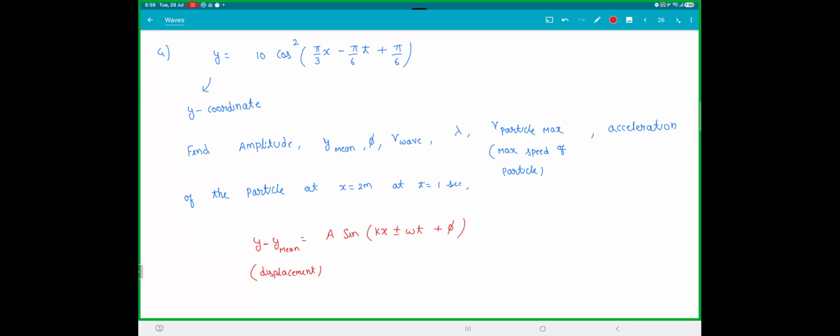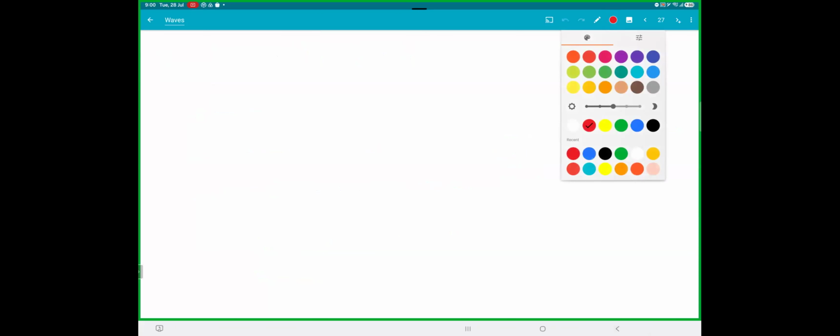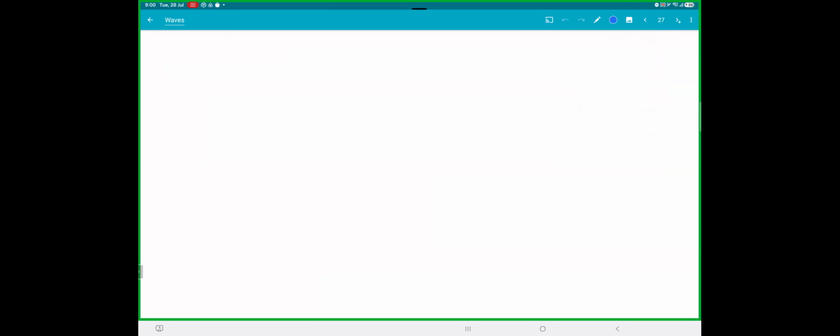So how do you convert this? So let's convert cos square. You can write cos square as what? 1 plus cos 2 theta by 2. Hope you guys know that stuff.